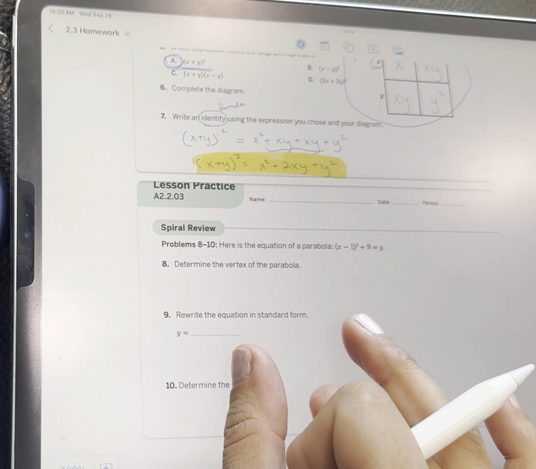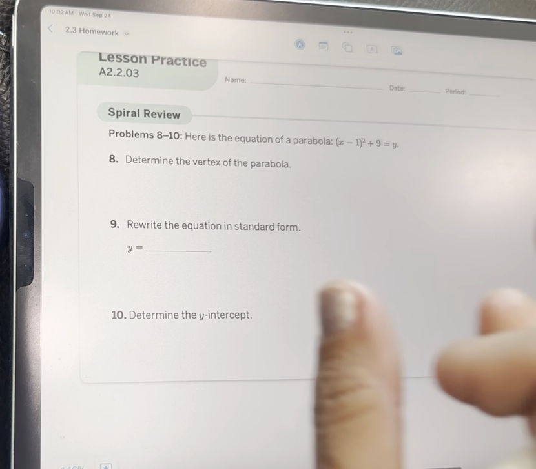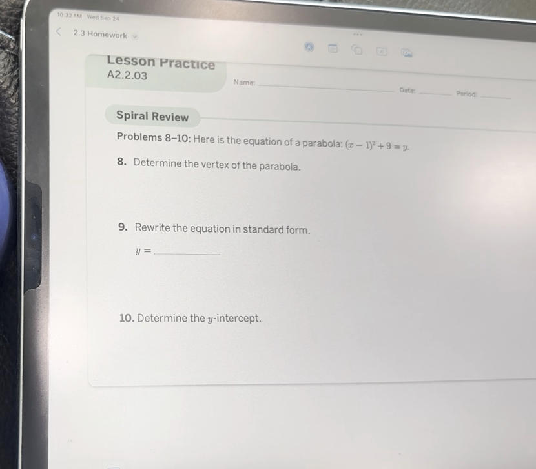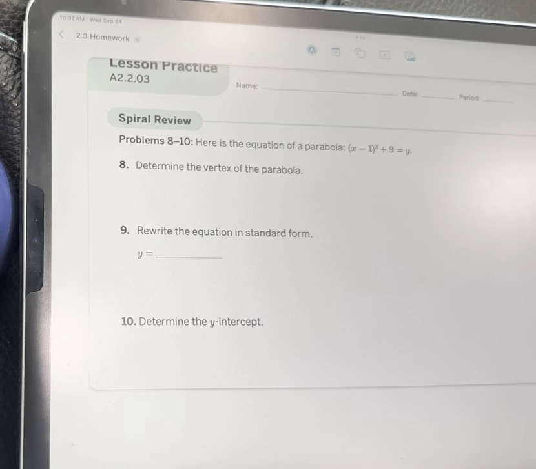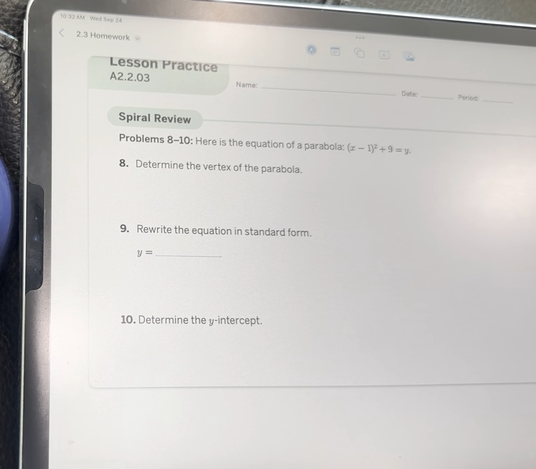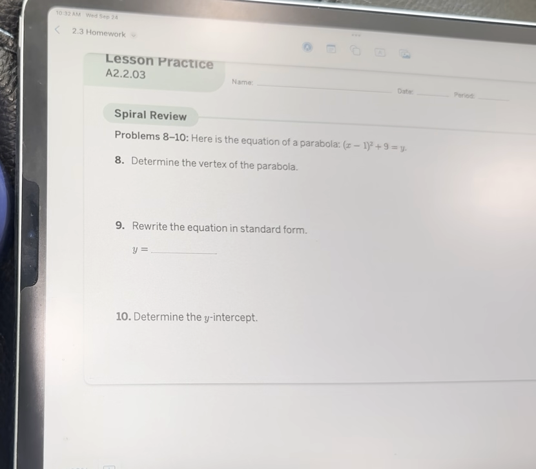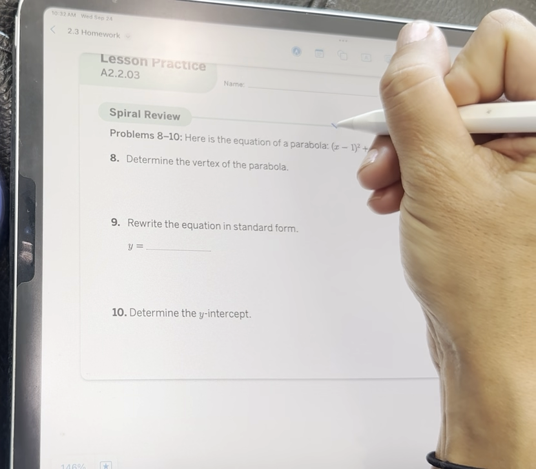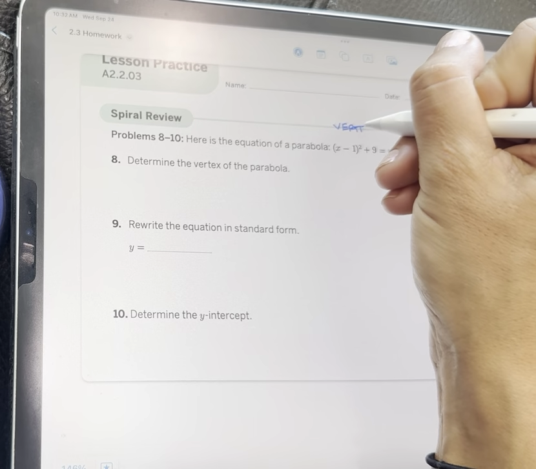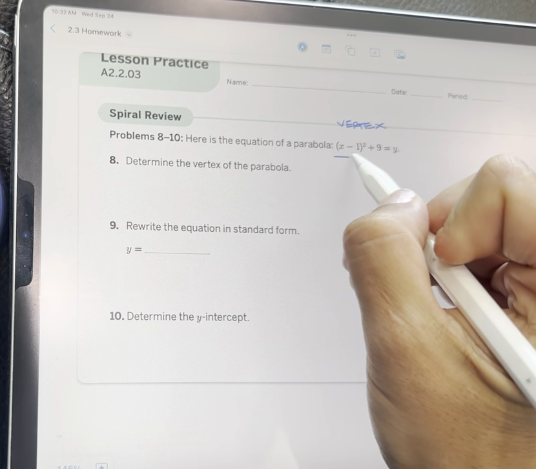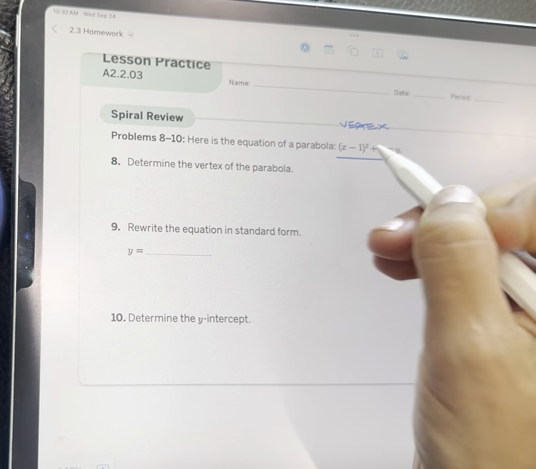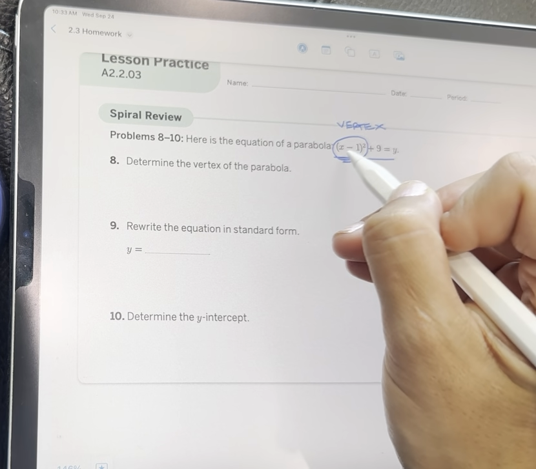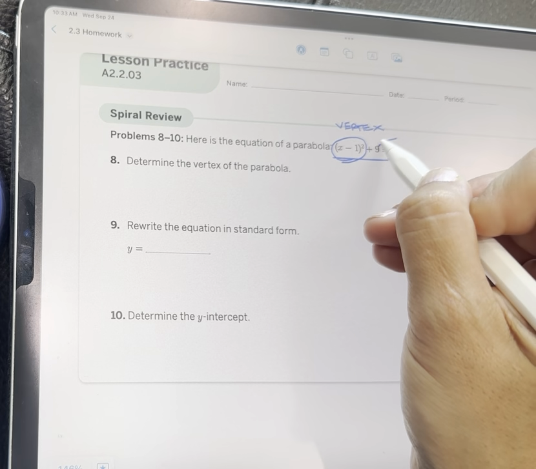Oh, that was it. Now we're in spiral review. Okay, I love it. This is very relevant spiral review. This is spiral review from like a day or two ago. Okay, here we go. Here's the equation of a parabola. They've given me vertex form, okay? I want you guys to be able to hopefully recognize this as vertex form. How? Vertex form is when we have something squared with x and then the number at the end.